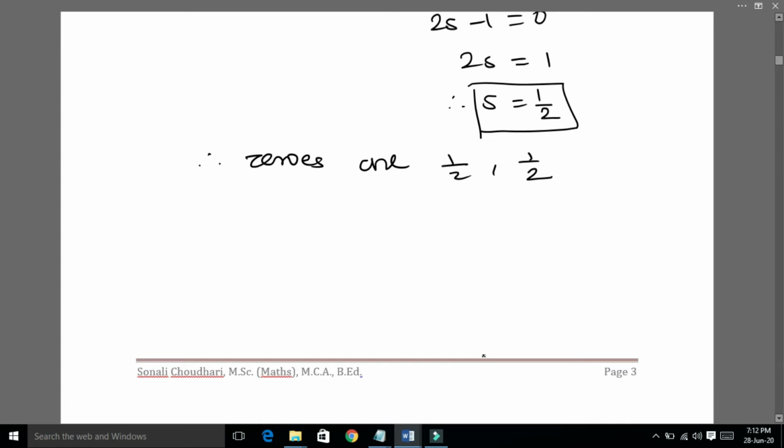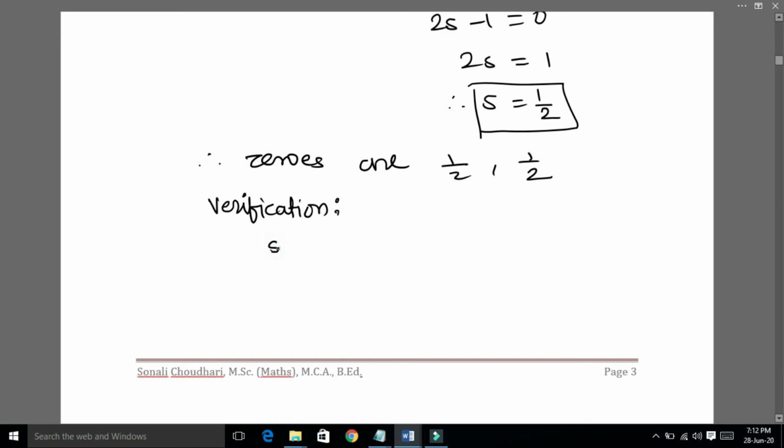Now we verify the relationship. So verification. Now in this question I solve by the second method. In another way we can also solve the same problem.